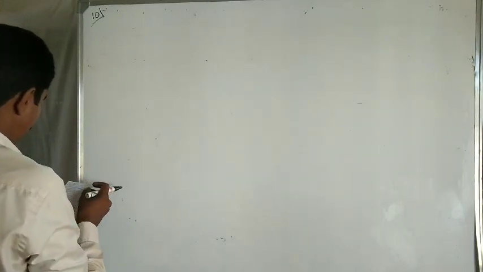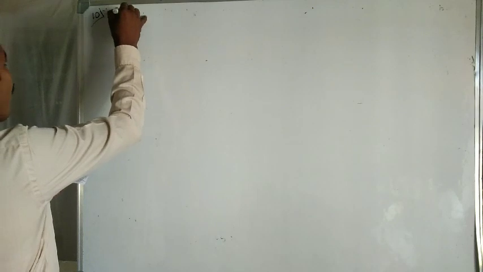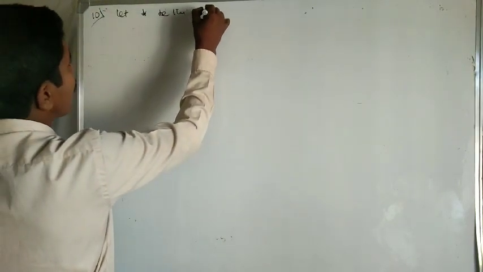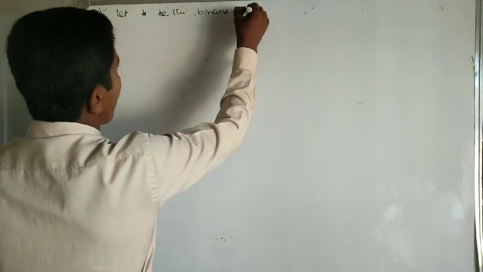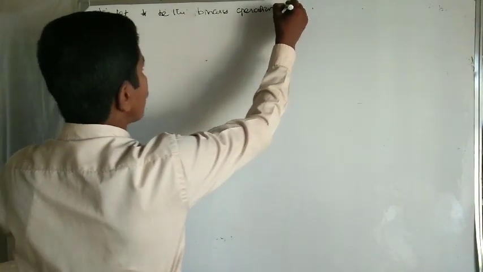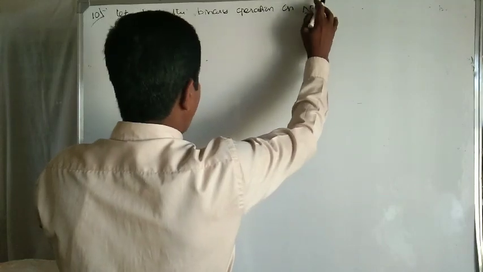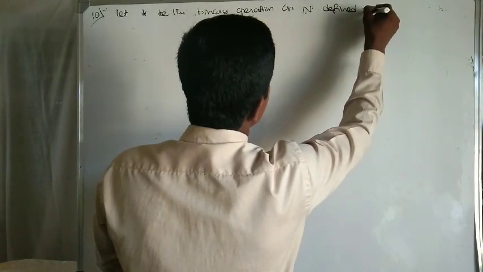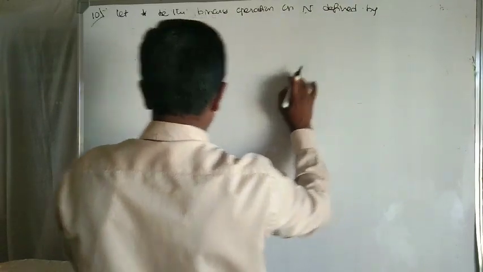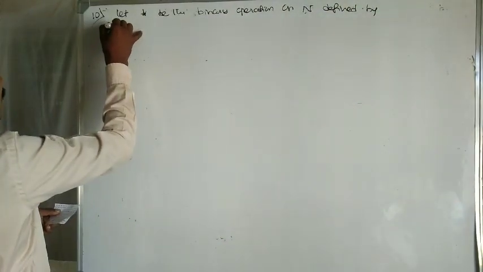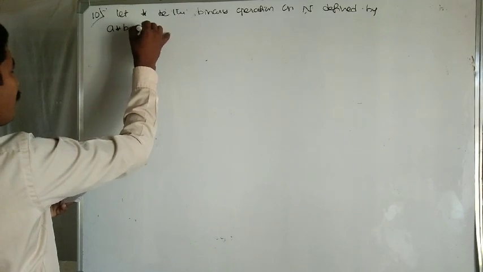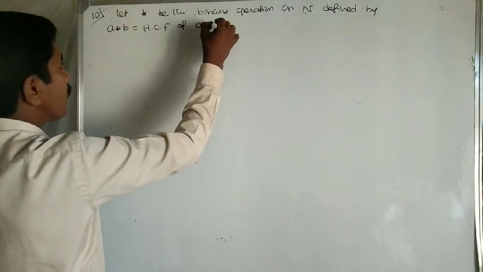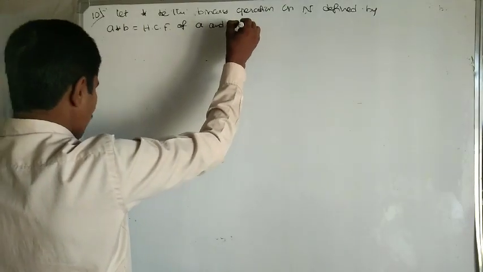Tenth problem. Let star be the binary operation on N defined by a star b equal to highest common factor of a and b.